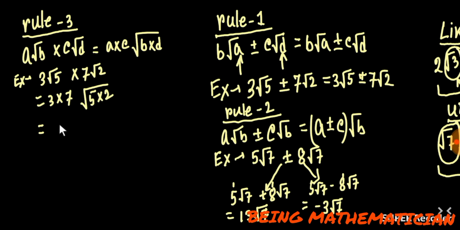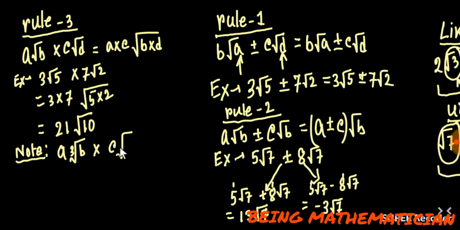So it will be 21 root 10. Remember this note, that is a cube root of b into c fourth root of d is equal to ac cube root of b into fourth root of d.